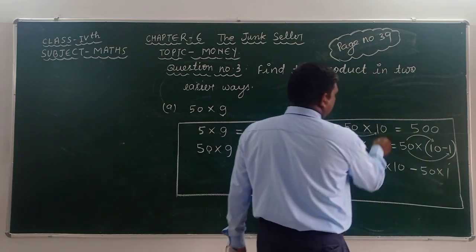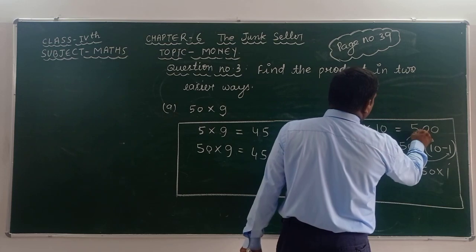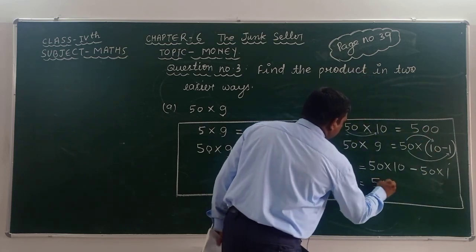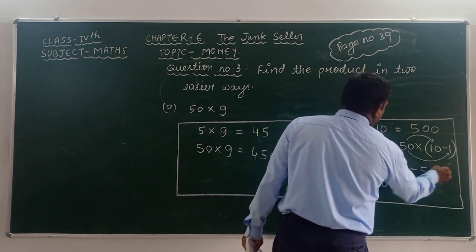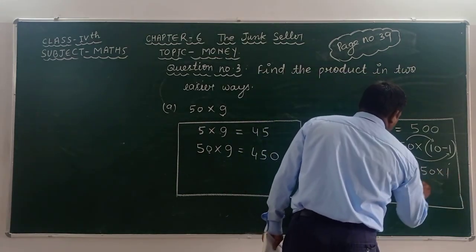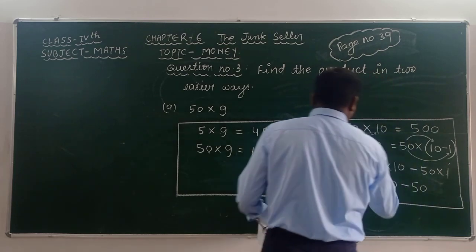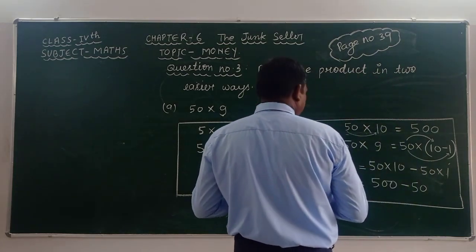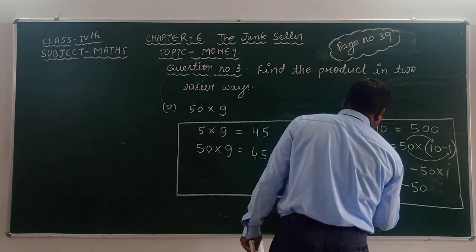Okay students, here given that 50 into 10 is equal to 500, then here we can write 500 minus 50 into 1, 50 ones are 50. Okay students, after subtracting these, here we get the answer of this question.